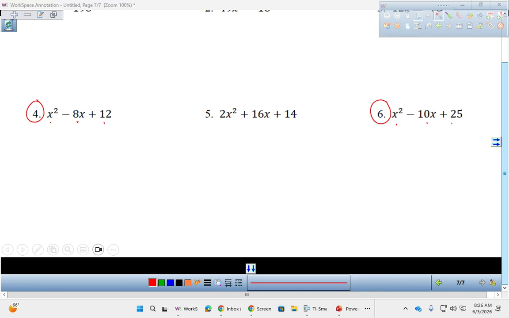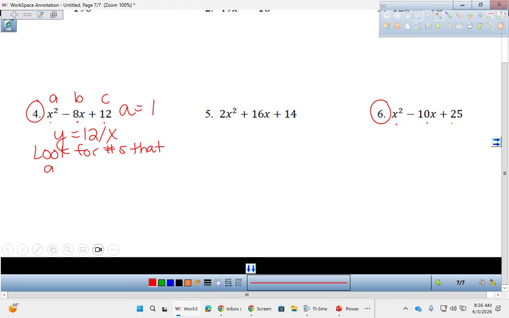So what we're going to do here for the A equals 1 method is take C, which in this case is 12, divided by x into the calculator. We are going to look for numbers that add to b, and b is negative 8. All right, so you want to use the symbol in front of it.